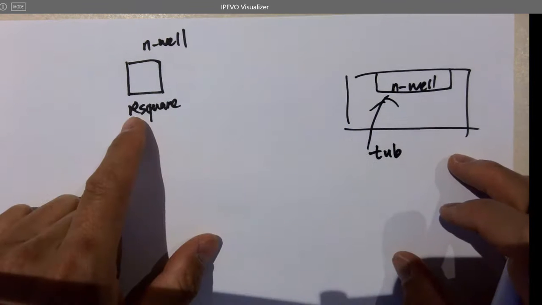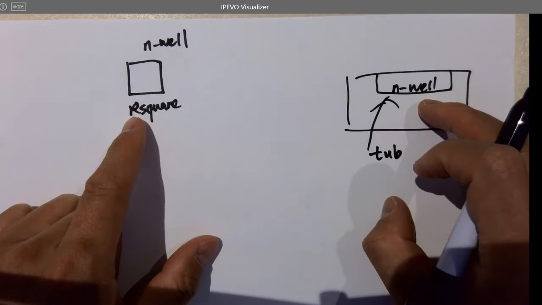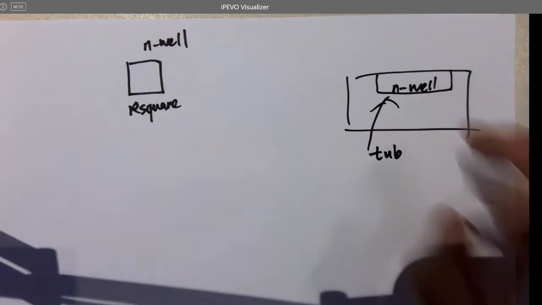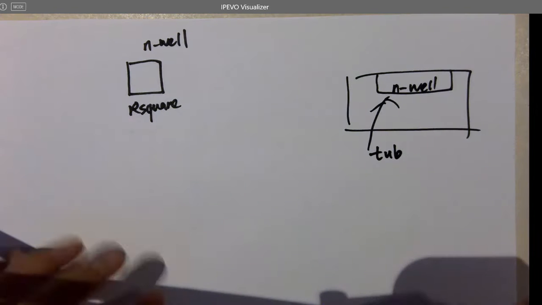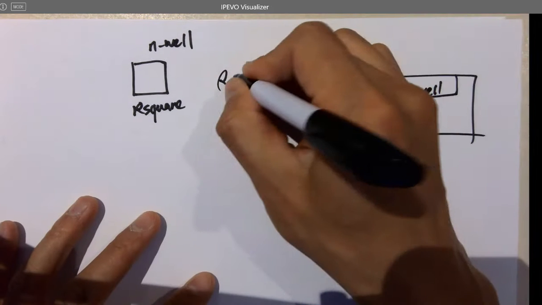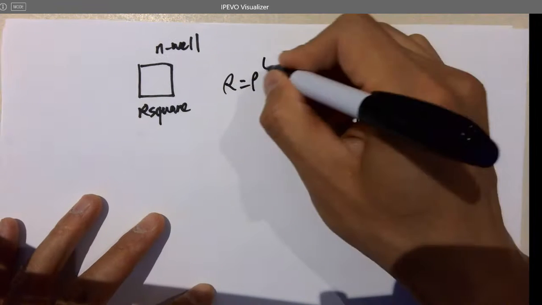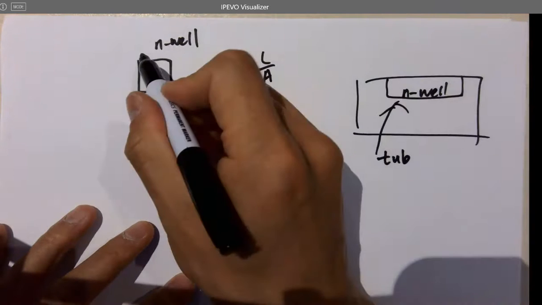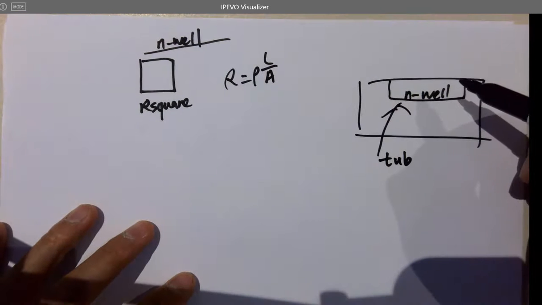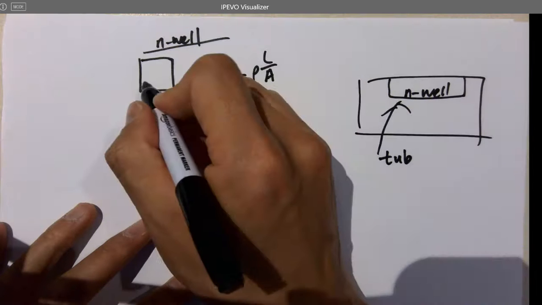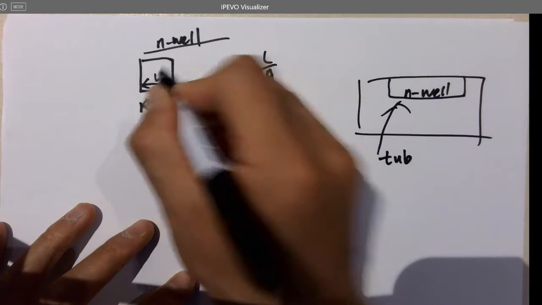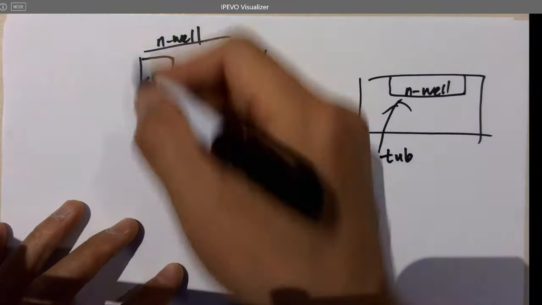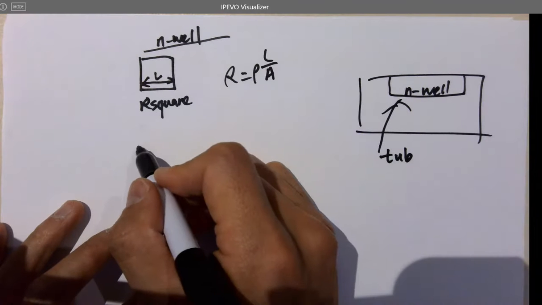And if we use that N well as a resistor, we know that R square is a constant, right? Why is that? R equals rho times L over A, right? Then what? So if this is L, and the cross-sectional view, how to draw that?